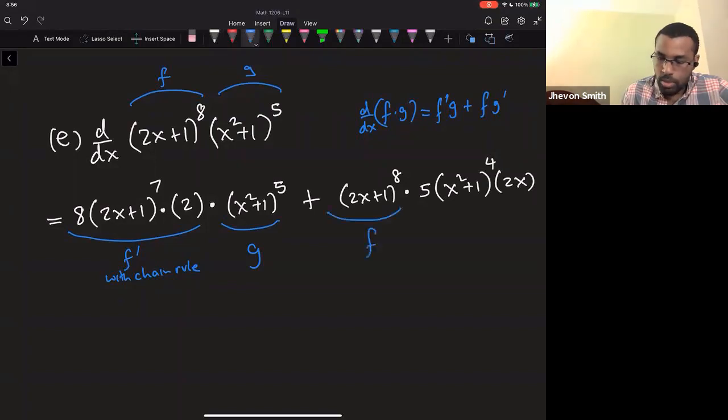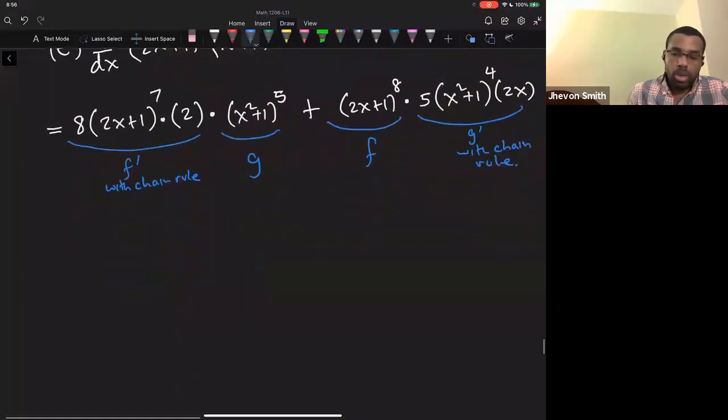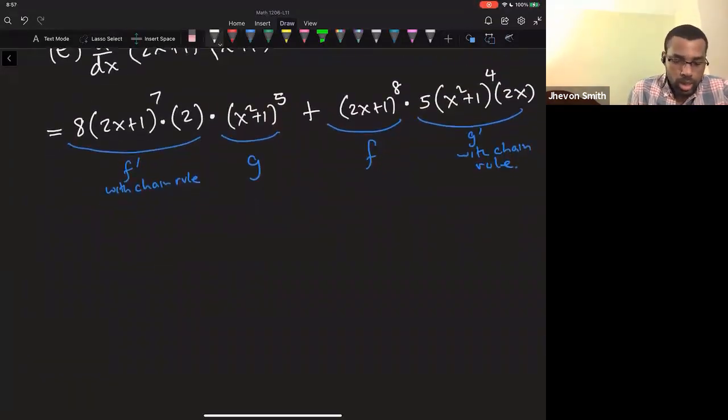So this is f, this is g prime with the chain rule. Strictly speaking, you won't have to simplify here, but I'm going to simplify because in the other one, I'd want to simplify, as well as later on.